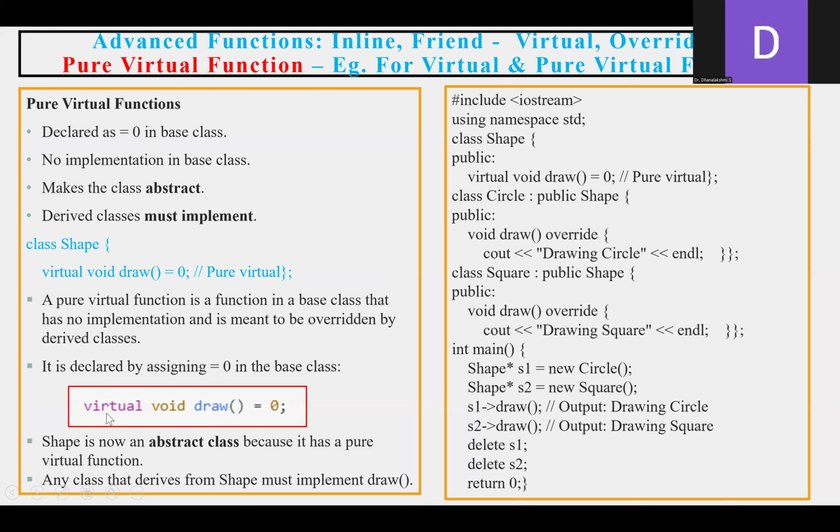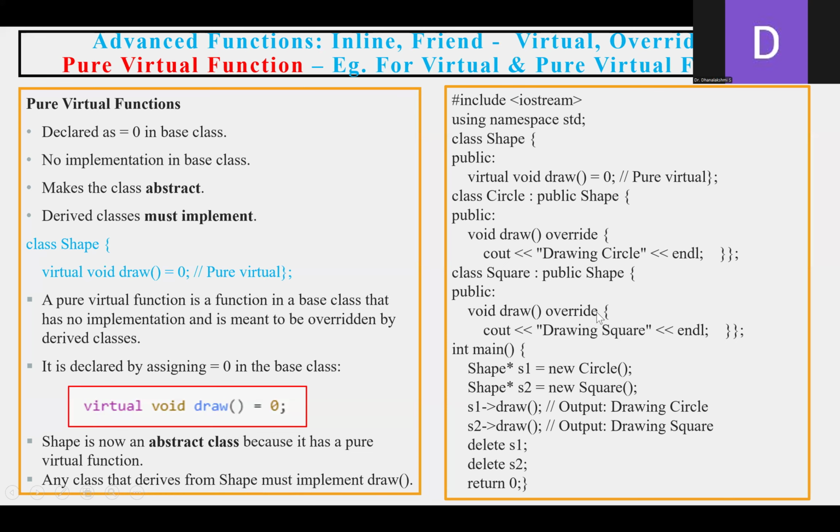So virtual void draw is equal to 0. The shape here is now an abstract class because it has a pure virtual function, and any class that derives from shape must implement draw.